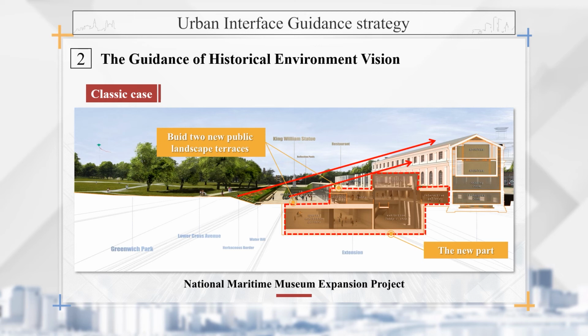In the section shown in the figure, he placed the main volume of the new building, about 7,700 square meters, underground, and the design of the above-ground part also fully considered the unobstructed view of the surrounding area.